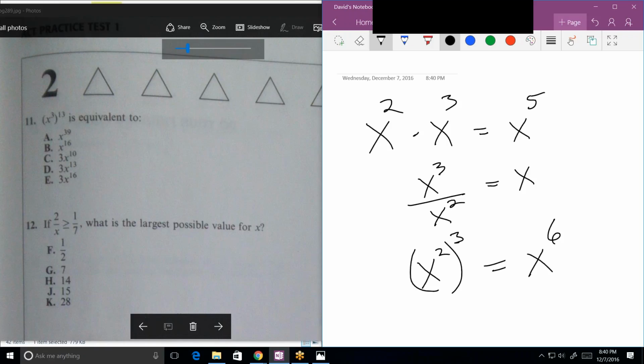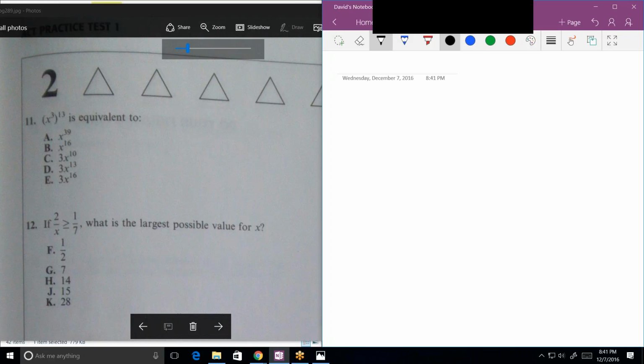Those three rules are the only three rules you need to know regarding these exponents. You're definitely tested on the ACT on exponents. You got to know how to handle all three of these situations. So what's the answer here? X to the 39th. Correct.